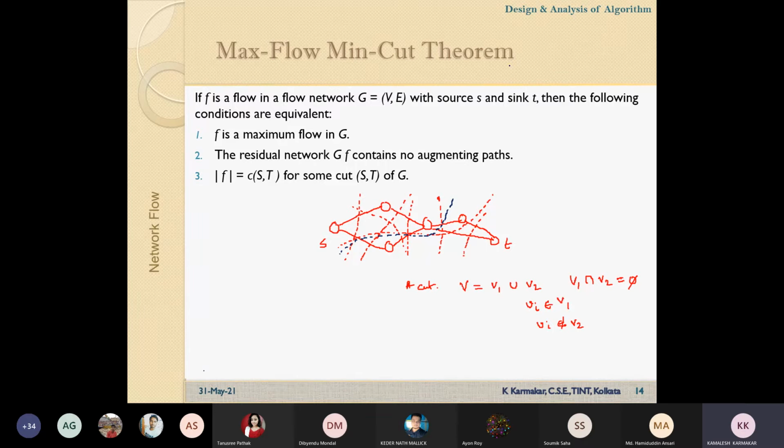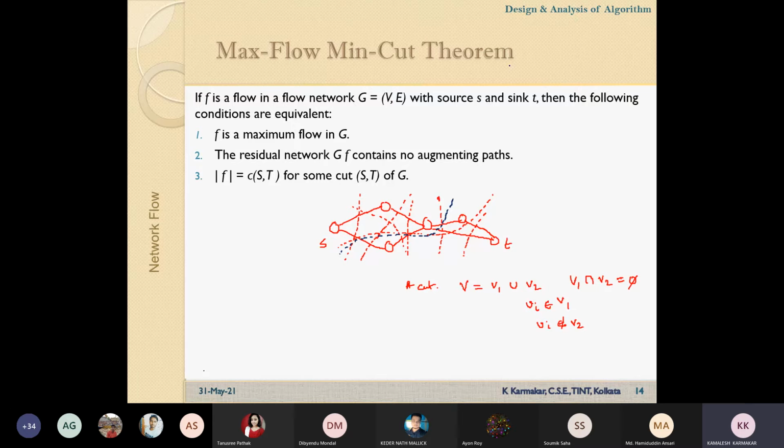So if we get all the cuts of a graph, then for each and every cut we can determine the flow. The minimum value of all the cuts will be the maximum flow of this network. Do you understand?